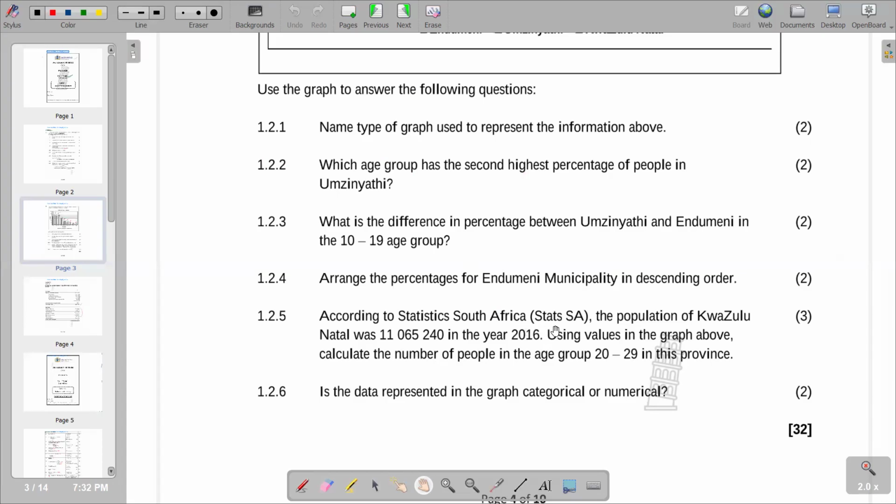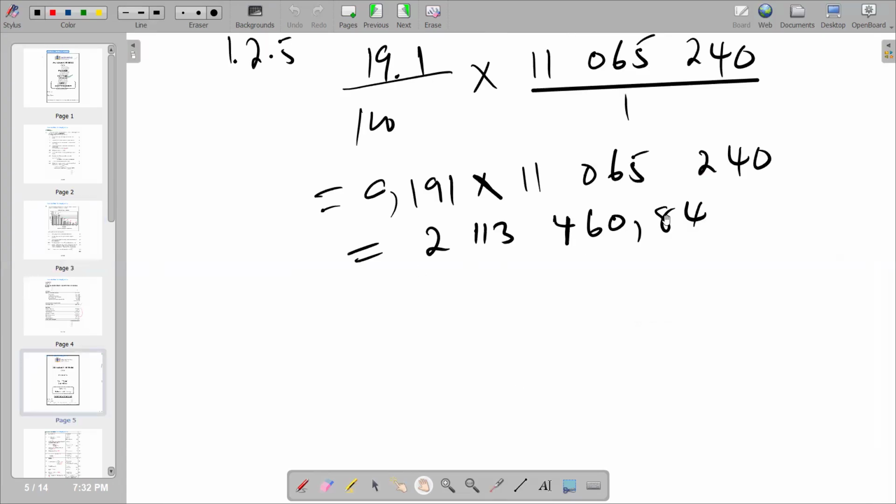So obviously we can round it off to the nearest whole number. In this case, we have got 0.84, so we can simply round it up, whereby now this 0 becomes 1. Then it becomes 2,113,161. So this becomes your final answer. So that's what we have for 1.2.5.